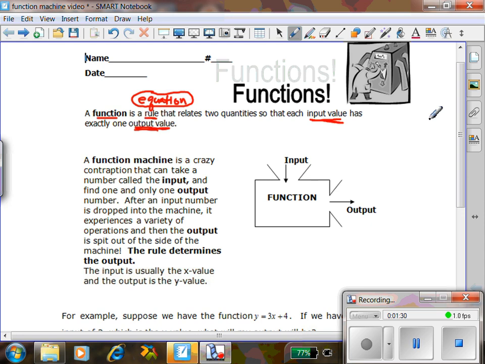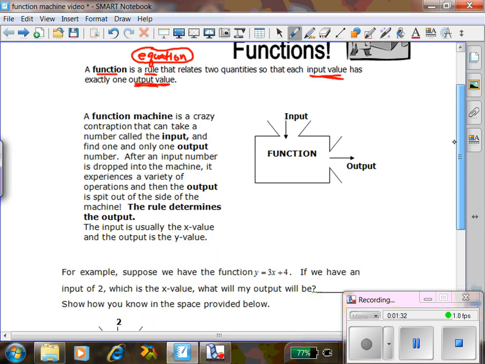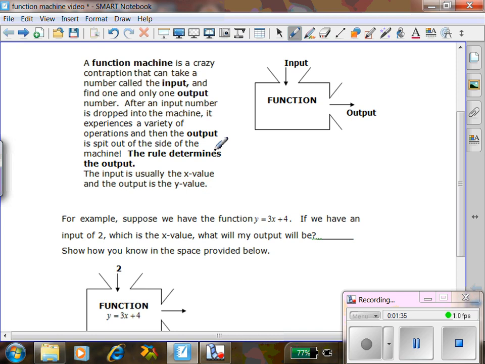Now, I like to think of it as a little function machine, and function machines have been around for a long time. All they are is just a little contraption. It looks something like this, very simple, where you have a little opening in the top, and this is the actual function machine that does all the work, the magic, and then out to the side is your output.